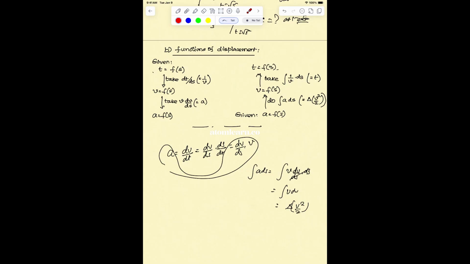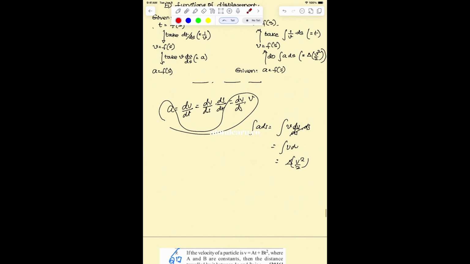Now there can be such a kind of question which is given in this particular manner. Let us take for example, it is given that the particle is performing a straight line motion such that the time is a function of displacement x like this, x squared plus 1.